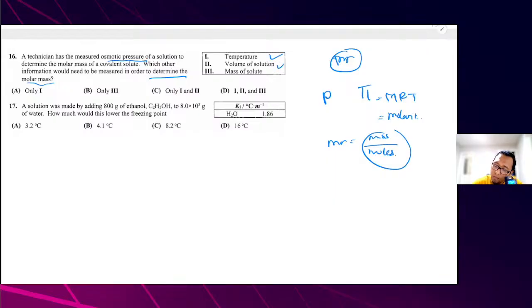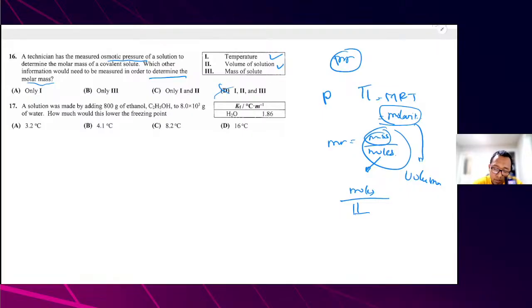So you see, to get the molarity in this case we need to know the volume, because molarity is moles divided by volume, in liters probably. And then the mass of solute, so we need all of them.